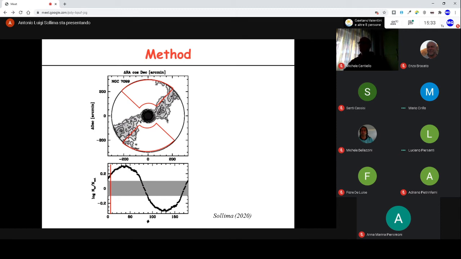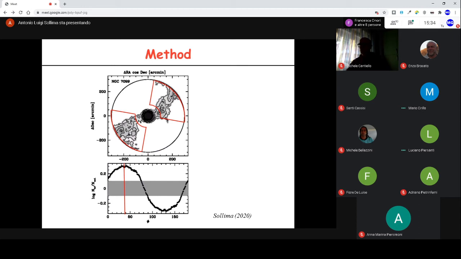And the second criterion is that there is an alignment of the tails. For this purpose, I defined these two opposite sectors, and I calculated the integrated density inside this area and outside the area. And in the bottom panel, there is the ratio of these two densities at different position angles.